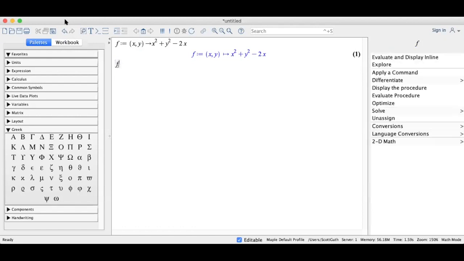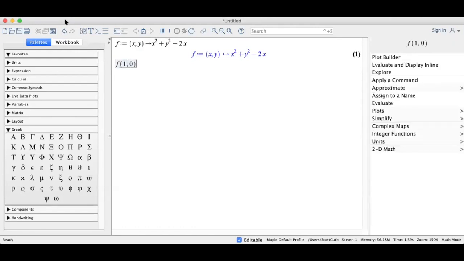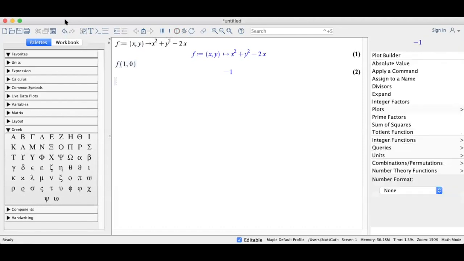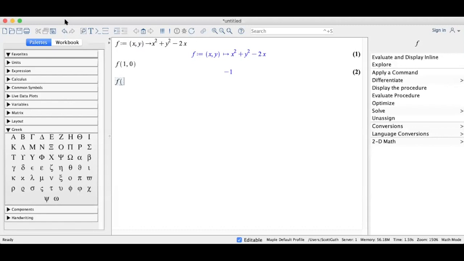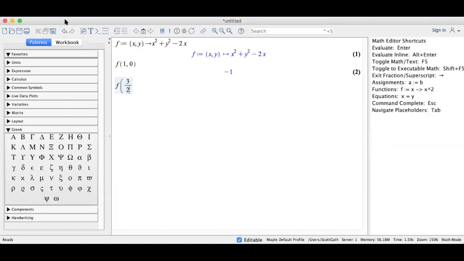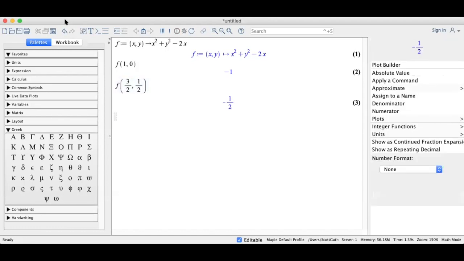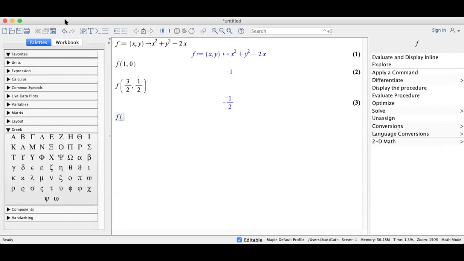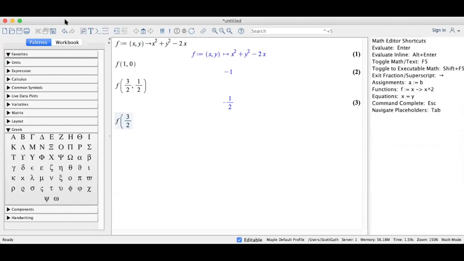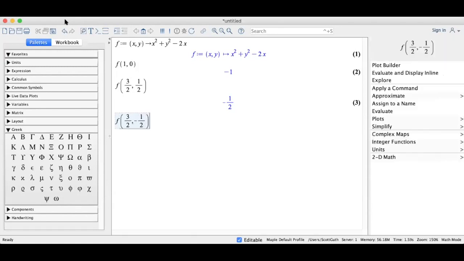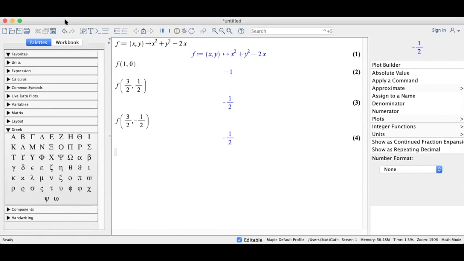So f of 1, 0 is going to be -1. f at 3 halves, 1/2 is -1/2. f at 3 halves, -1/2 is -1/2 also.